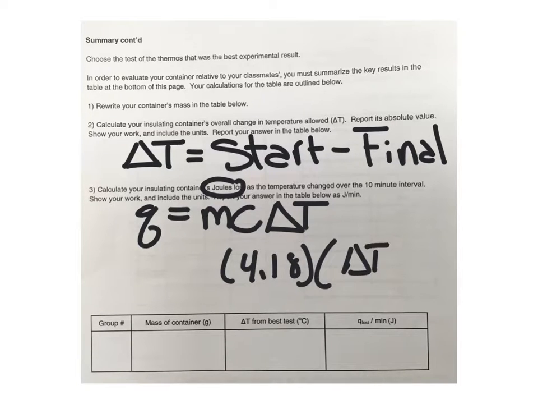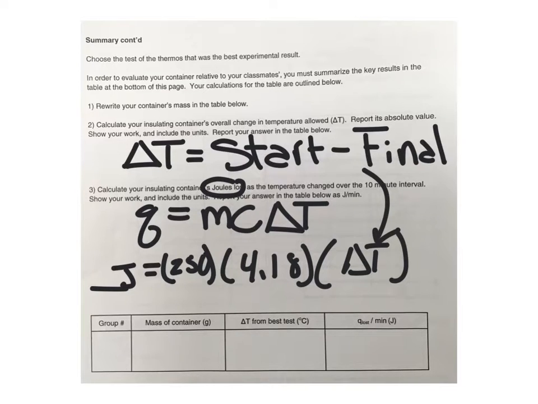The delta T is the number you got from up here as your answer. And the mass should be 250, because most of you use 250 grams of water in your container. If you use some other volume, then you should put that volume as the mass of the water in this equation. Once you've calculated your Q, that represents your joules that your water lost.